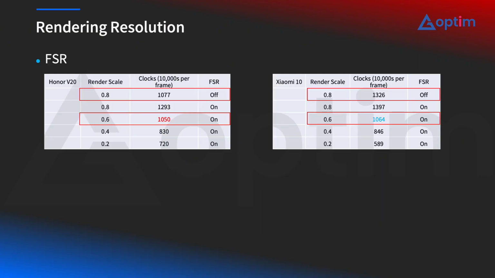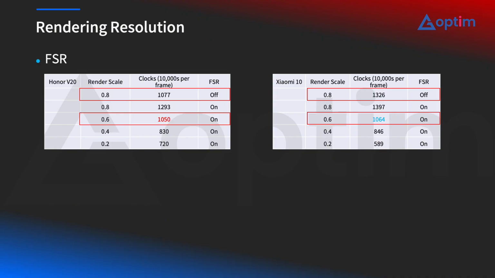We performed comparisons on Honor V20 and Xiaomi 10. In the original project, the URP asset render scale is set to 0.8. On the V20, without enabling FSR, GPU clocks is around 1077. When FSR is enabled while keeping render scale unchanged, clocks increases to about 1292, roughly a 20% increase.